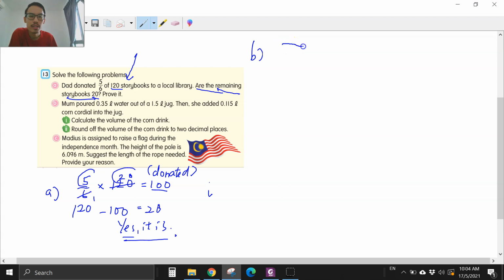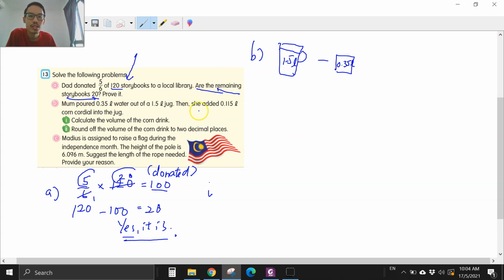So in the beginning, there's a jug. Ada jug. 1.5 liter air dalamnya. And then, Mom keluarkan. Pour. Tuangkan. So when you tuang, you have to minus. Okay. 0.35 liters out.